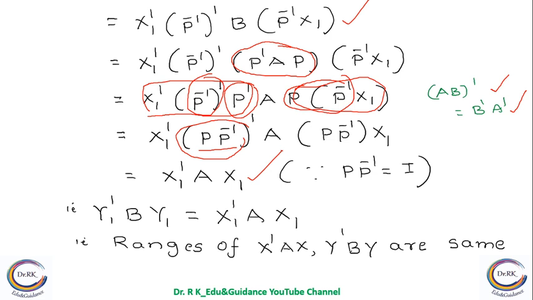That means what we have done here is we took two elements, one element from the first quadratic form, one element from the second quadratic form, and finally we are able to prove that both are the same. If both are the same, that means the values that the quadratic forms take are the same. So this is one property related to quadratic forms.